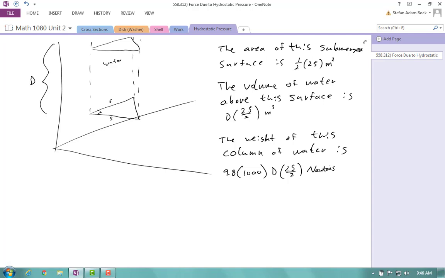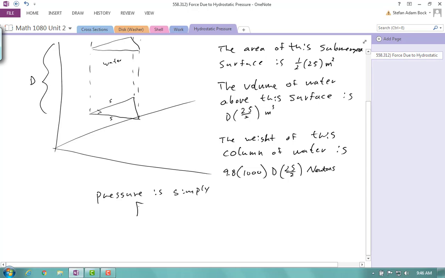Now I can calculate the pressure at this depth, but the pressure is simply total force divided by the area upon which the force is acting. So that appears to be 9.8 times 1,000 times d.